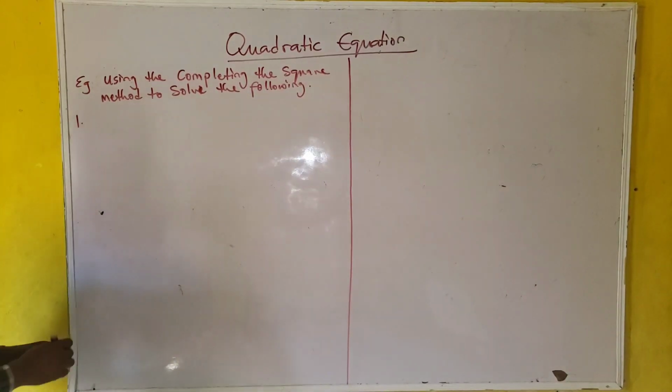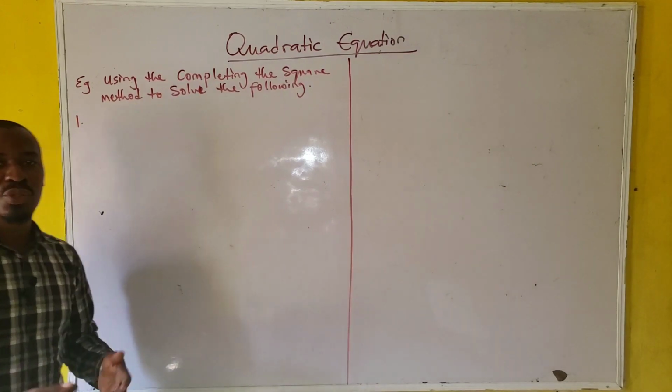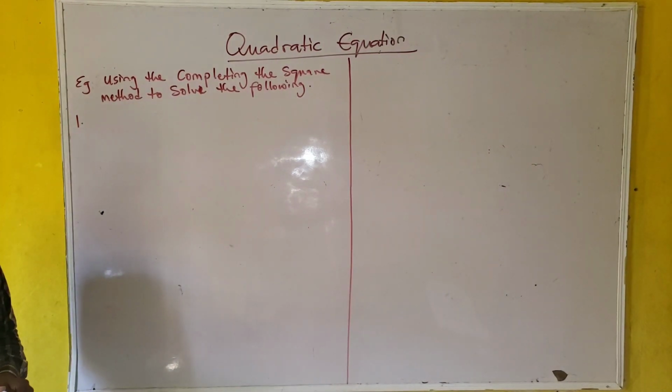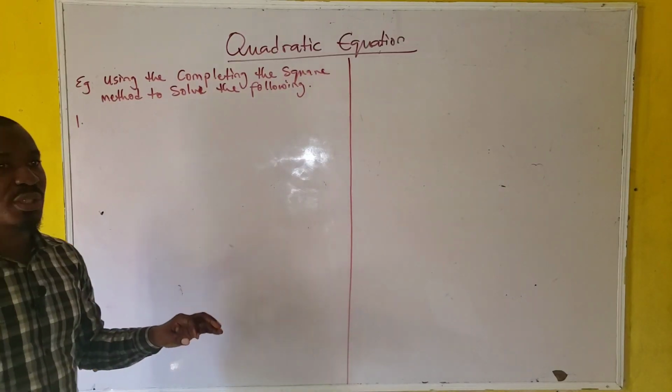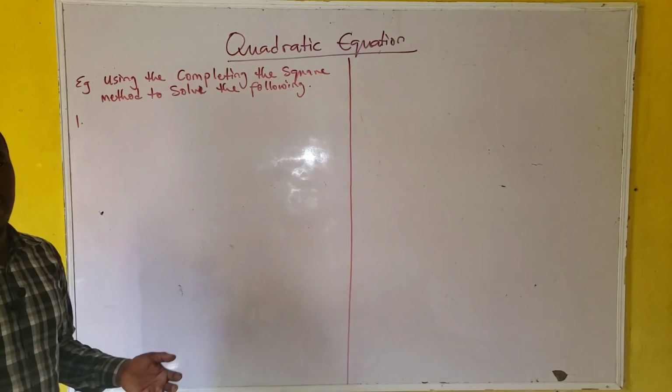So let's have our number 1. We are going to move from simple to complex. I'm going to solve about 3 examples or more if time permits us. I'm trying to touch any kind of problem we can think of.